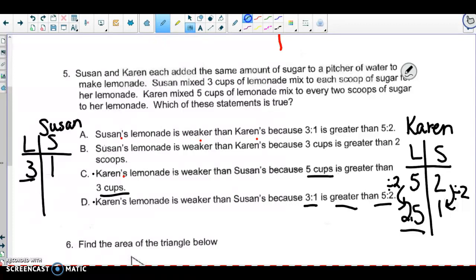Well, it doesn't look like it is, but when we found that 5 to 2 is the same thing as 2.5 to 1, we could really say here 3 to 1 is greater than 2.5 to 1. And it is. So that would mean D is our answer for that one.